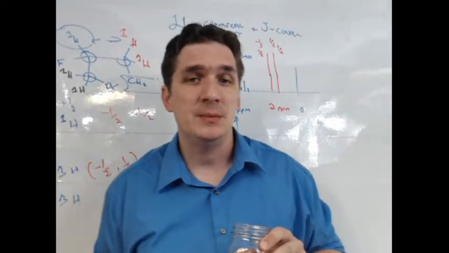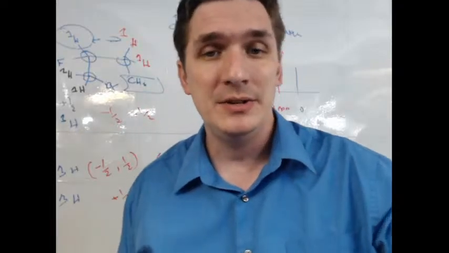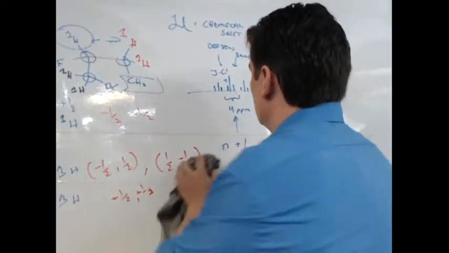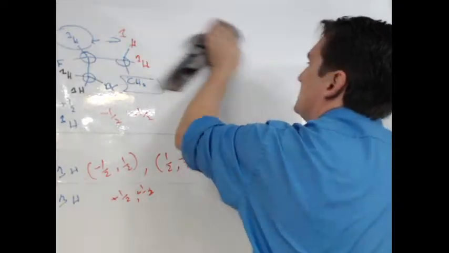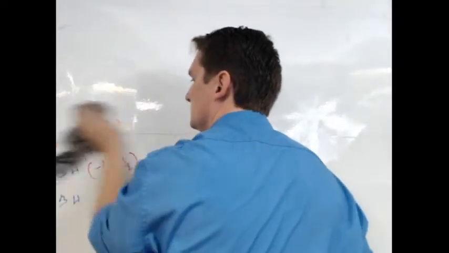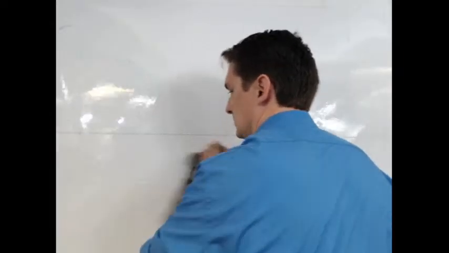We use it to determine how many, so the way you dissect an NMR spectrum, there's 3 pieces of information. And this is for a 1H NMR spectrum.